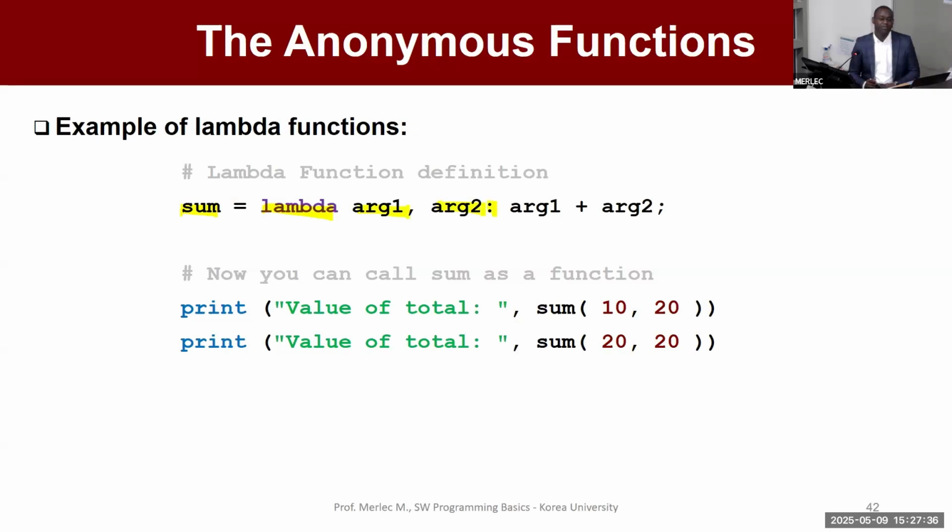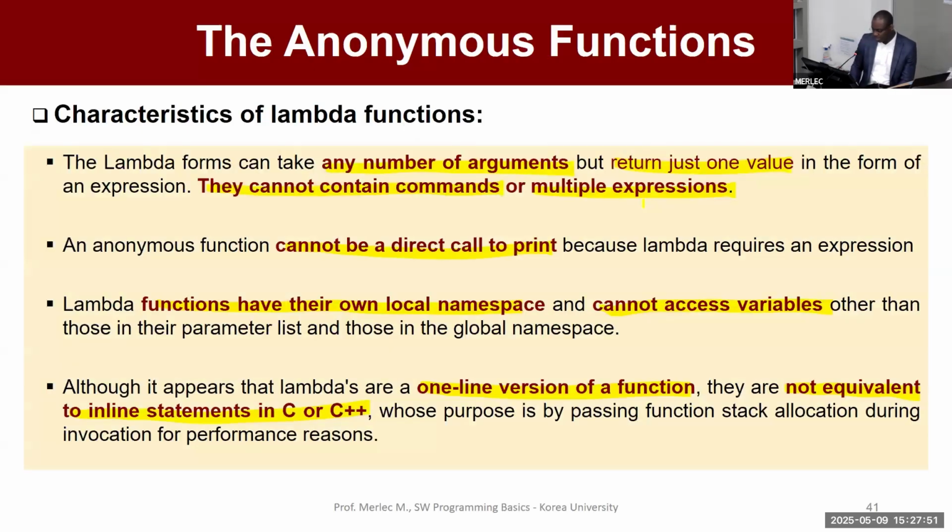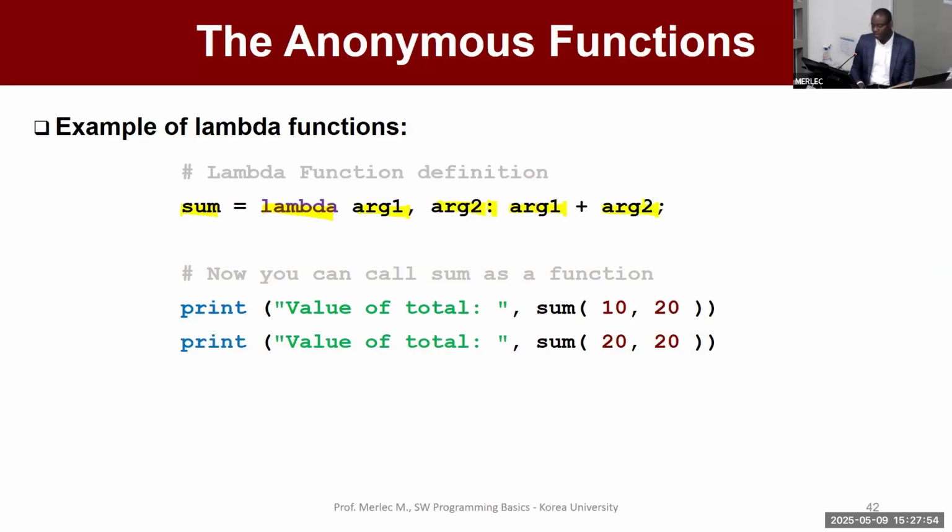After the colon, we have to provide the expression that needs to be executed. So the expression will be argument 1 plus argument 2, and then we send back the result to the lambda calling statement, which will assign the result of this expression to the variable sum.